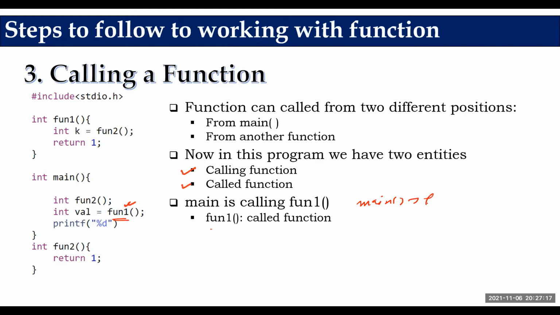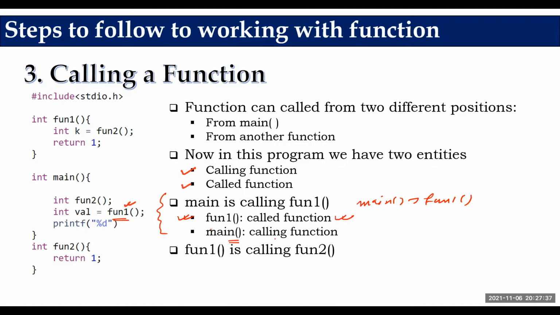Main is calling, so main will be the calling function. So for this relation, fun1 acts as the called function because it is called by main, and main acts as the calling function because main is calling fun1.